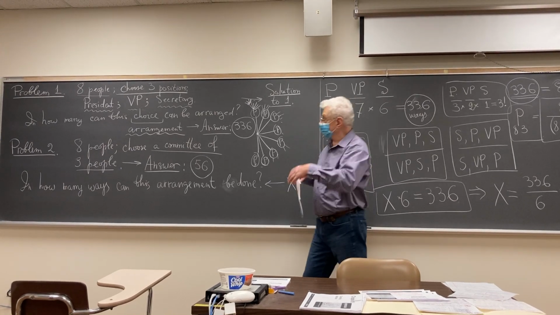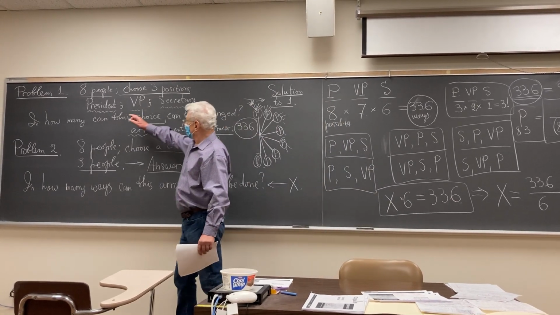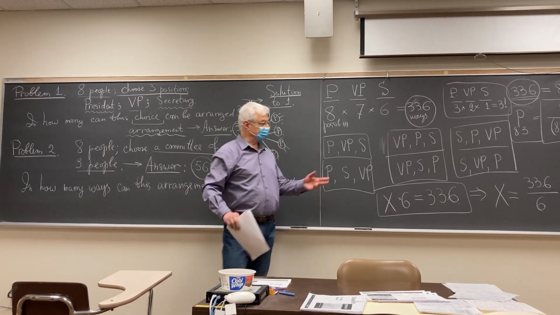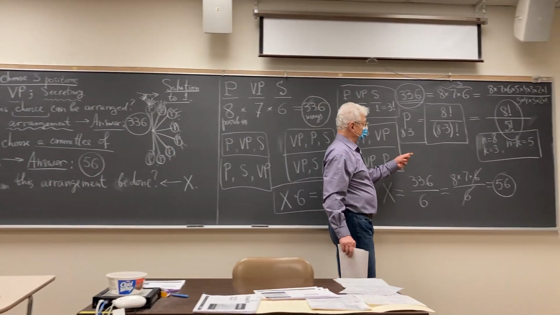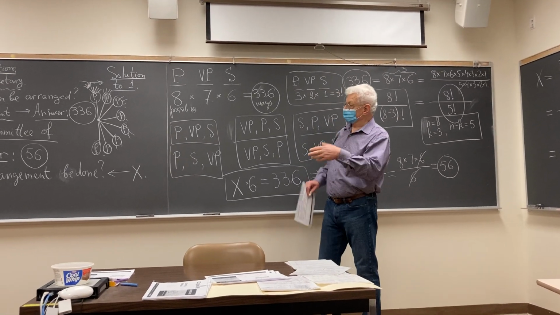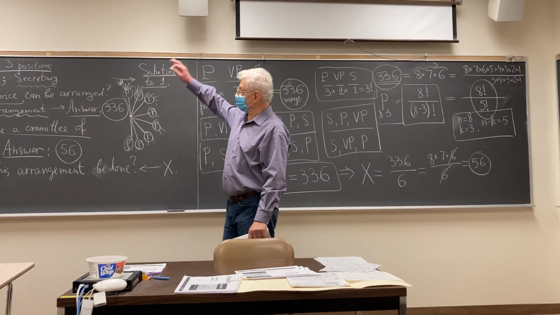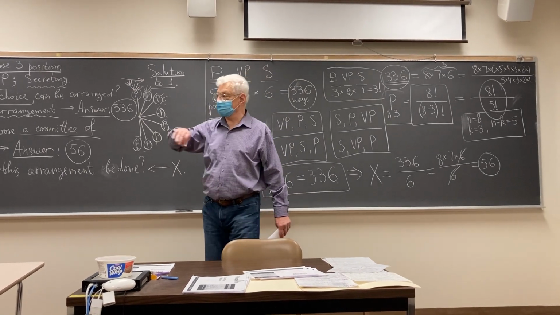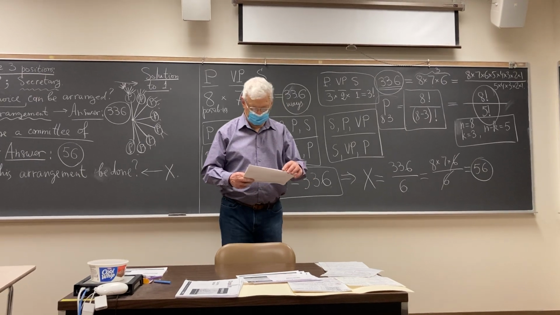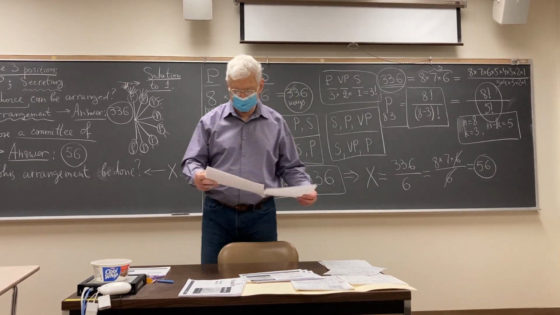But because you interrupt yourself after the third position, you have to divide by another factorial, but not 3 factorial; it is 8 minus 3. What is left over? 3 people are chosen here, 5 are left over, so you divide by 5 factorial.